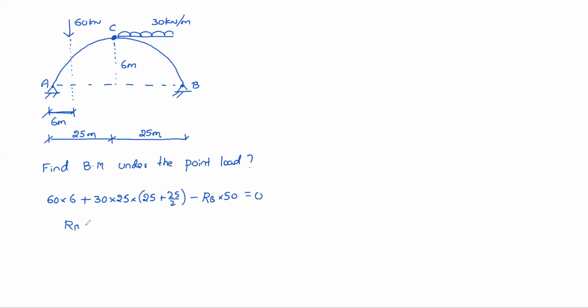From this, RB equals 60 into 6, 360, plus 30 into 25 into 37.5, divided by 50. That is 569.7 kilonewtons.